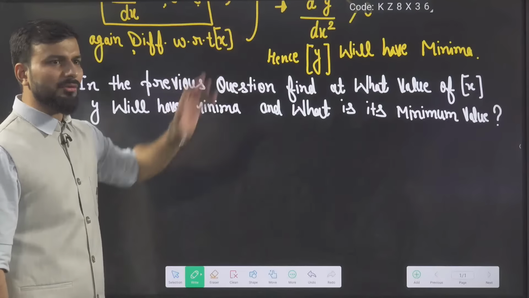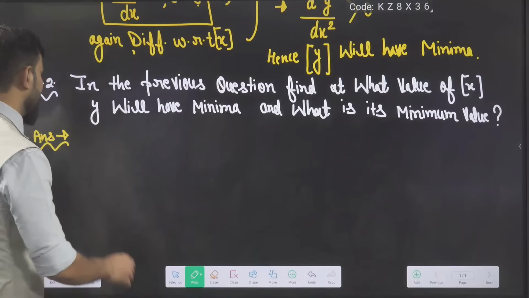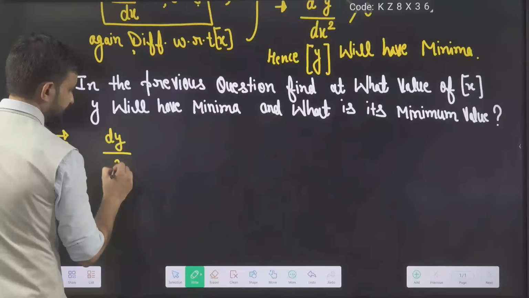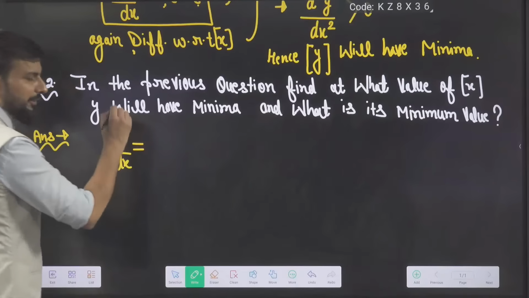Minima we have figured out. Now in the previous question, what is the value of dy by dx? Everyone tell me the value of dy by dx.